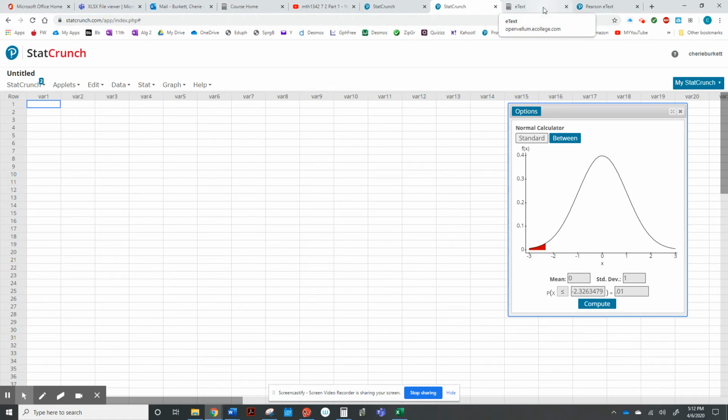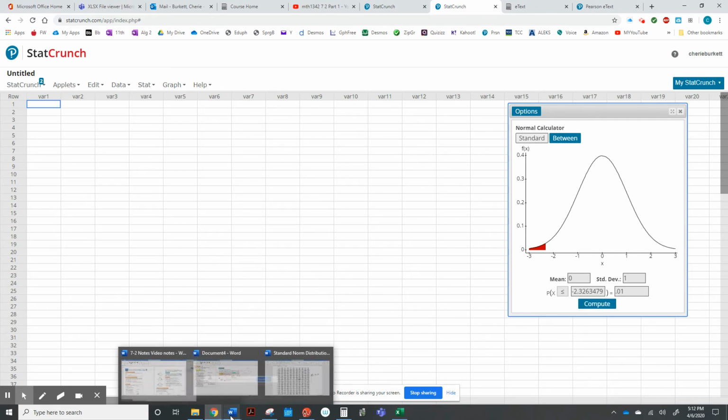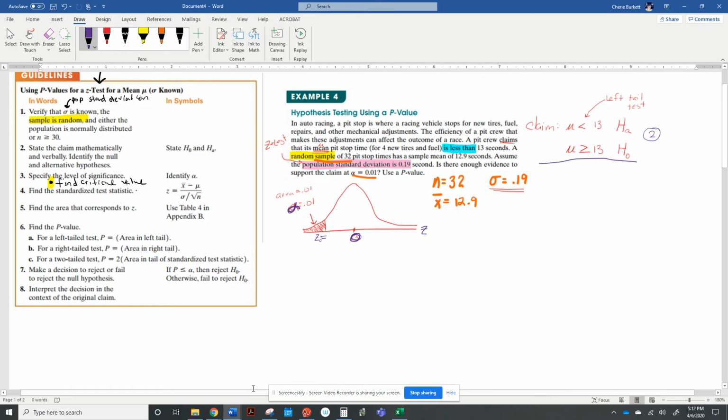I usually always do z values to 2 decimal places, so I'm going to round that to 2.33. That 6 is going to round the 2 up to a 3. And my critical value right here is negative 2.33. Okay, so we found the critical value.